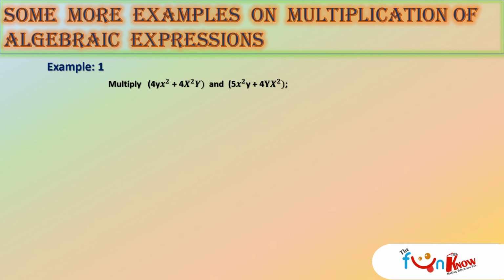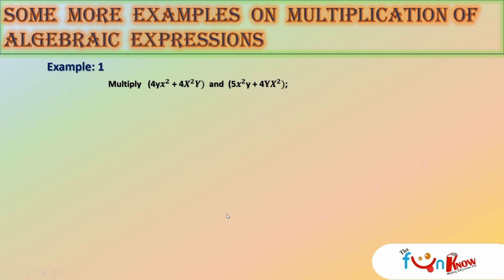Small x and capital X are different. So here the first term is 4 small y x square, the whole term is small, and the other term is 4 capital X square y, and 5x square y plus 4 y x square.